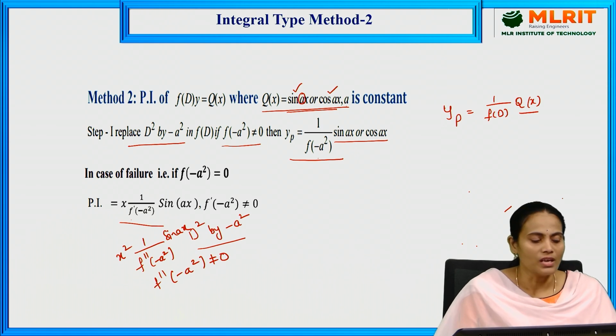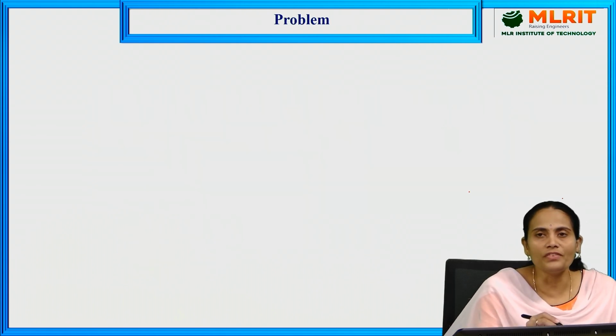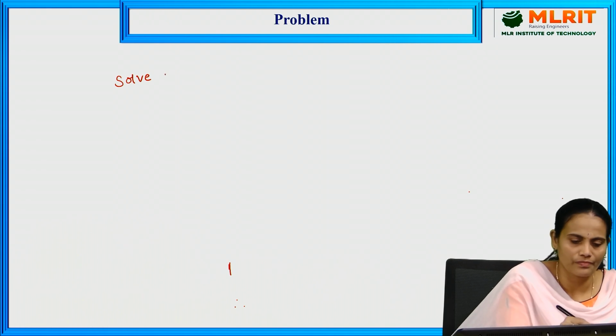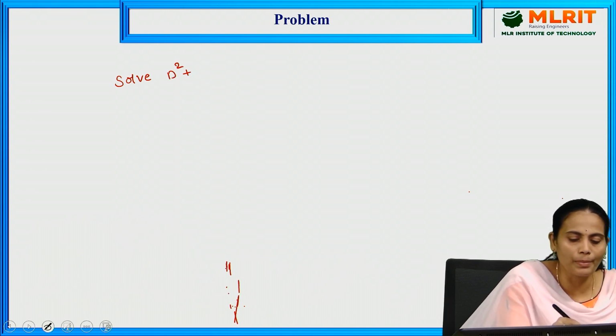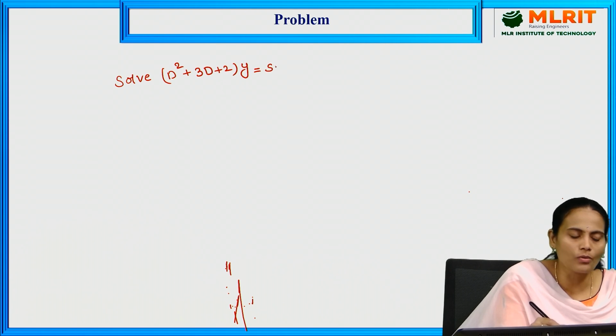Now we will see a problem on this method, when Q of x is sin ax or cos ax. Solve D square plus 3D plus 2 into y equal to sin 3x.